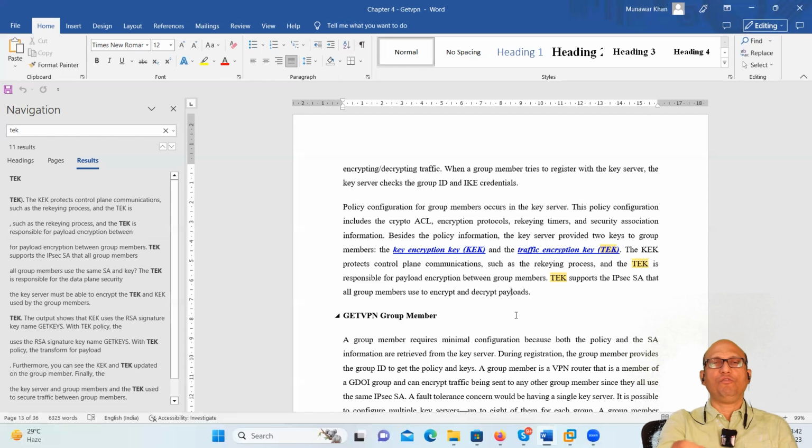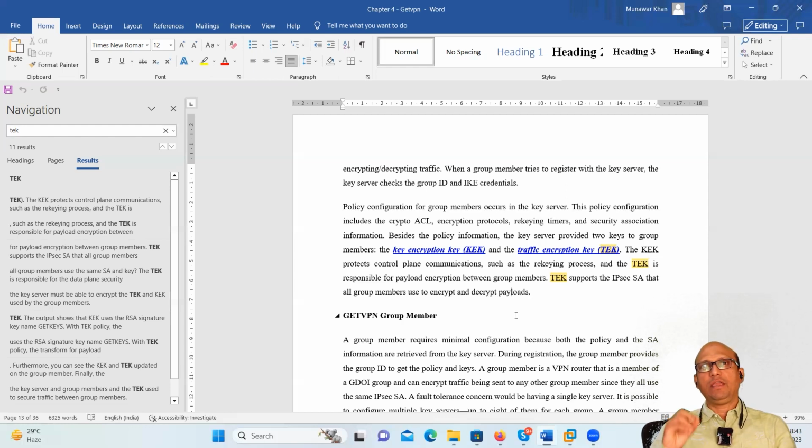Definitely 5 minutes before that expiry, I should get the new key. So this process also continuously works in the background. The key server is continuously busy offering keys to those group members whose keys are about to expire. This is the beauty of the key server. He is continuously working to give them keys.